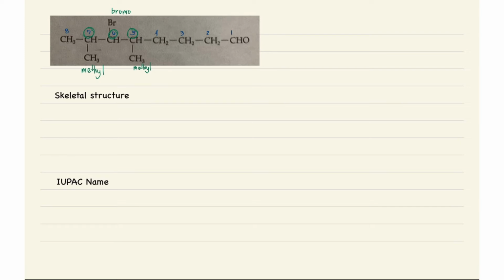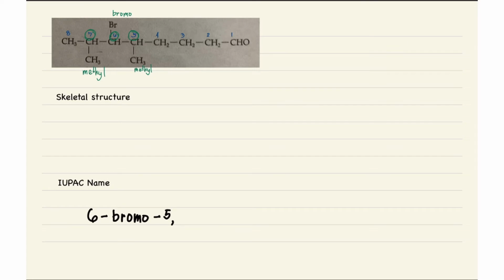So we have 6-bromo. Then dash, the locations of our two methyl. Since we have 2 methyl, we use di. So we have dimethyl. But before that, we need to input the locations of our alkyl group. So it is in carbon number 5, comma, 7, then dash, dimethyl. Since we have 8 carbon atoms, that is octane.